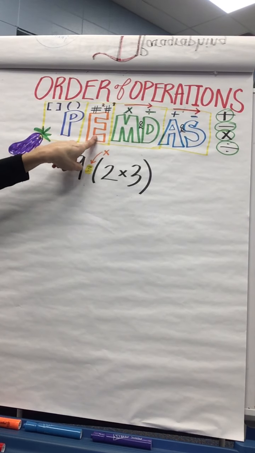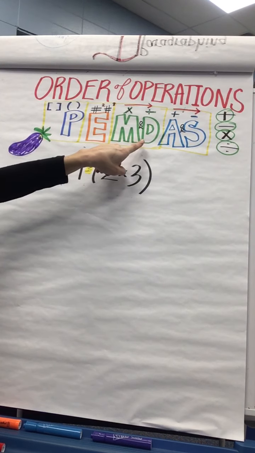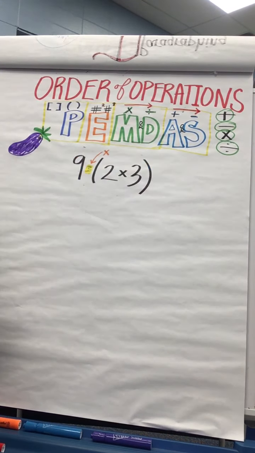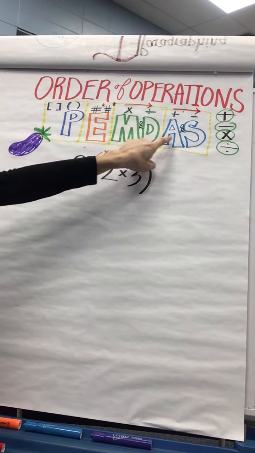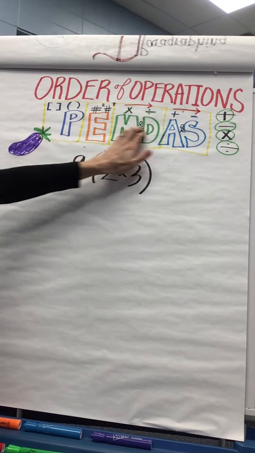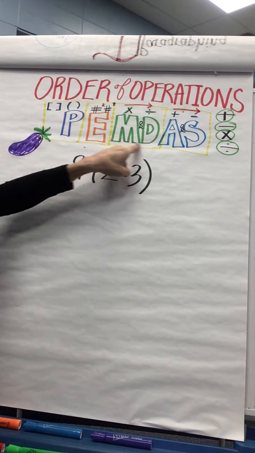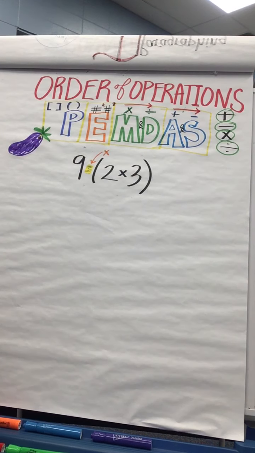It was pudgy elves might demand a snack. That's what it was. Pudgy elves might demand a snack. So I've never heard of that before, but I thought that was a funny way. So however you want to remember PEMDAS, because this helps us know the order. And if you don't use PEMDAS, you can solve incorrectly, and we'll look at that.